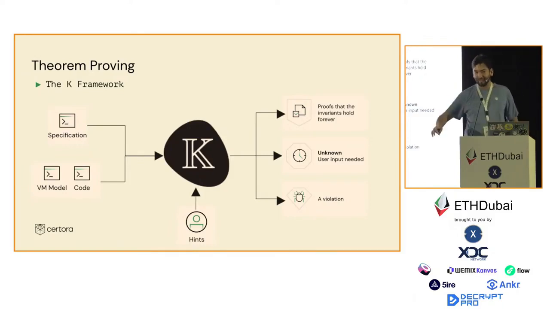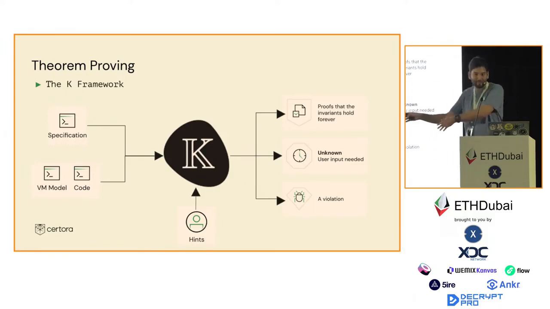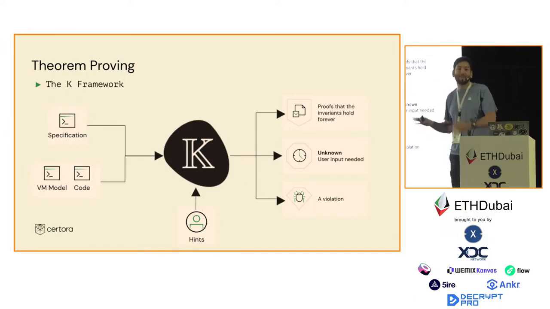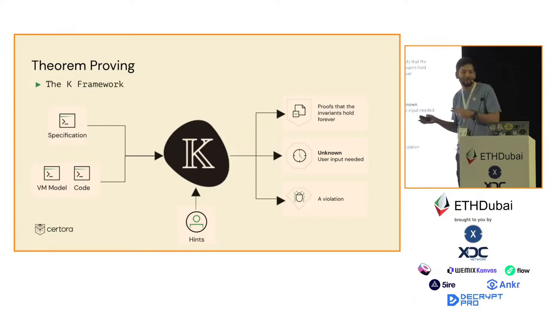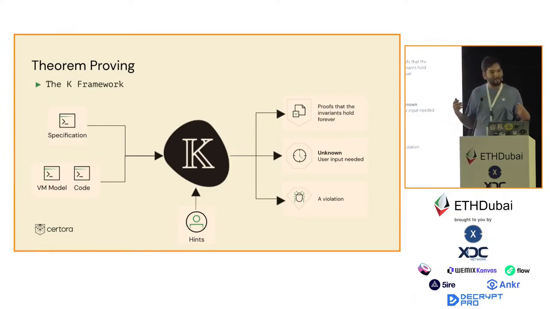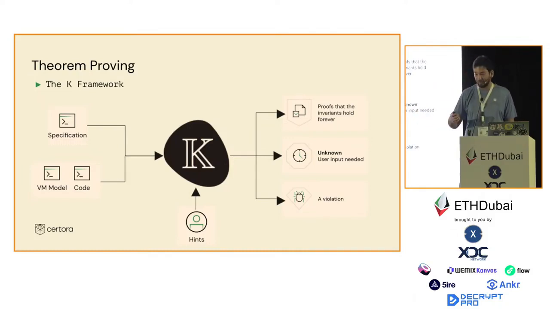One is a proof, and that's actually the same. If we have a proof, then we're happy. There are no bugs in the code, at least in this specific instance that we've checked. We can also get a violation. However, that violation doesn't come with a counterexample. And if we time out, it basically just means that we need to give another hint. If we do this enough times, we should eventually be able to prove almost anything.